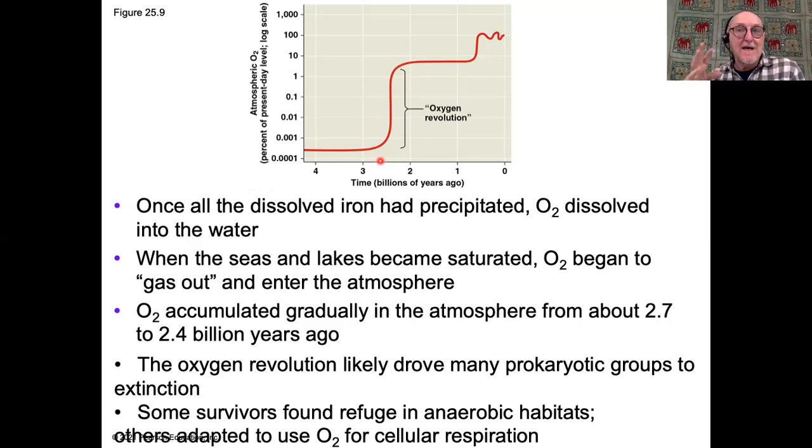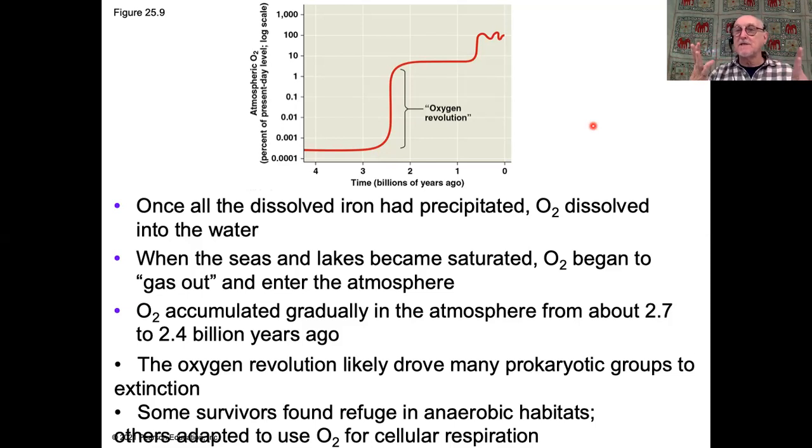But at the same time, there was another process beginning to evolve. This is the process of cellular respiration. And we believe that cellular respiration originally evolved as a way of dealing with the presence of free oxygen in the atmosphere or in the water.